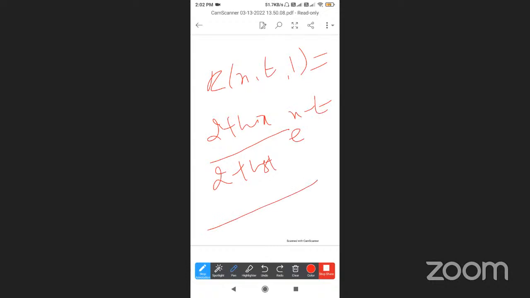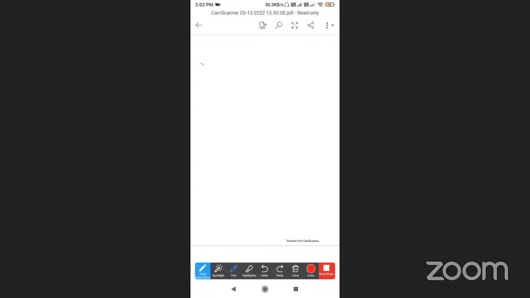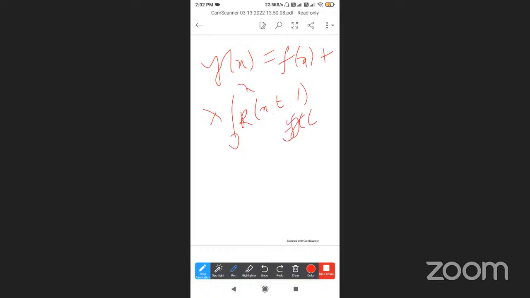So with the resolvent kernel formula we can apply the required solution formula. The required solution is y of x is equal to f of x plus lambda into the integral from 0 to x of the resolvent kernel of x comma t comma 1 into f of t dt.